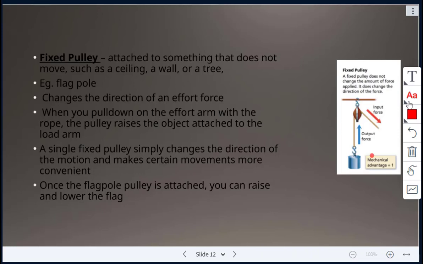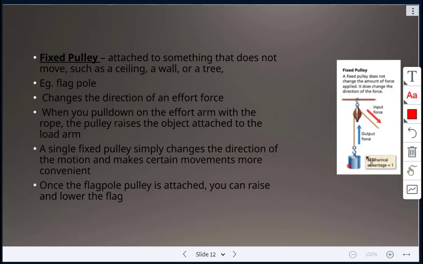Here, this is called a fixed pulley. It's attached to something that doesn't move, like a ceiling, a wall, or a tree. Another example would be a flagpole. All that's happening is we're just changing the direction of the effort force. When you're pulling down on the effort arm with the rope, the pulley will raise the object that's attached to the load arm.